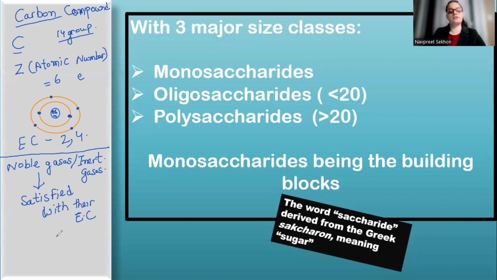Now, what is so special about their electronic configuration? The special thing is that they are fully filled. If somehow the shell is not fully filled, then the subshells within those shells are fully filled.